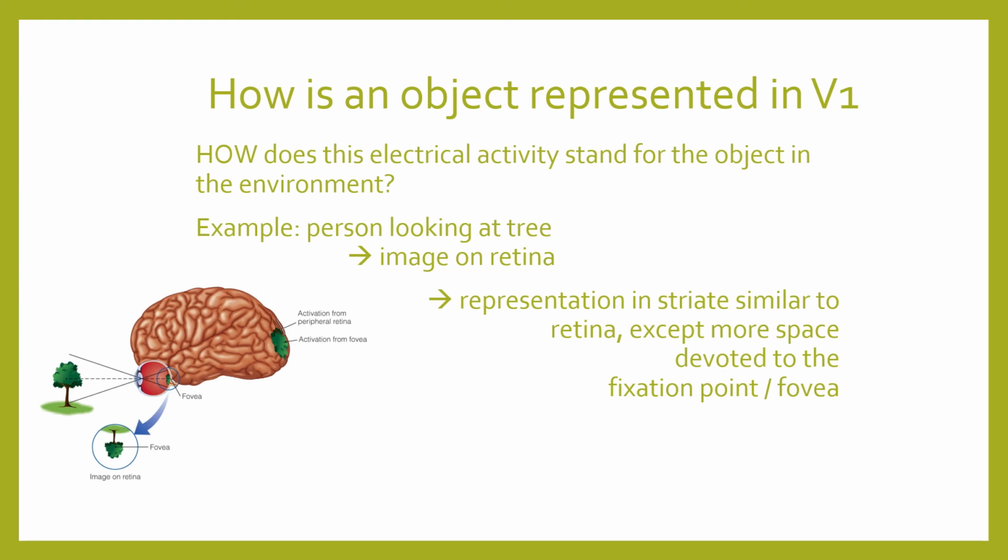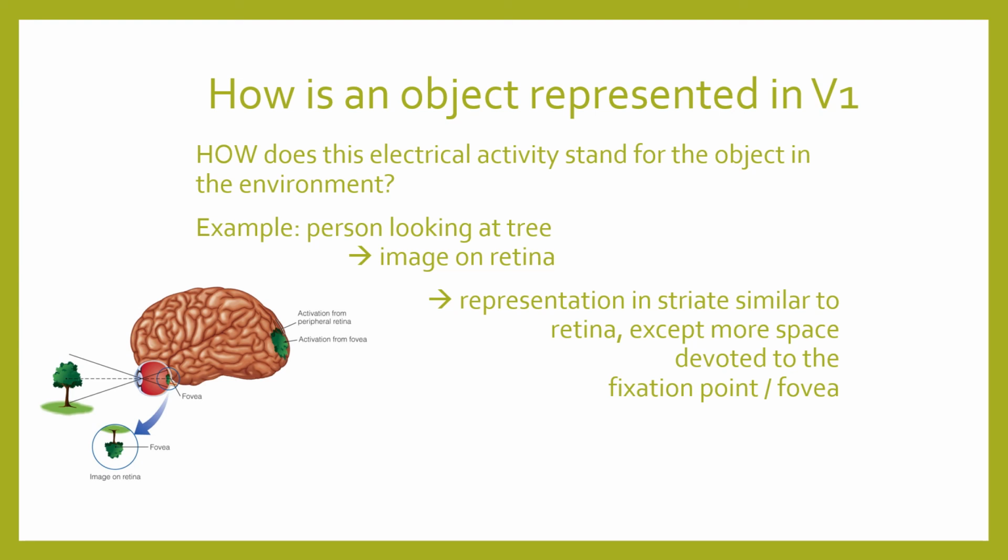They're sending it on to the brain, to the lateral geniculate, to the visual cortex. We have this representation in the striate cortex that is similar to the image on the retina that, remember, has already gone through a process of transformation and representation, but now we have more space that is devoted to the fixation point or the fovea as well.